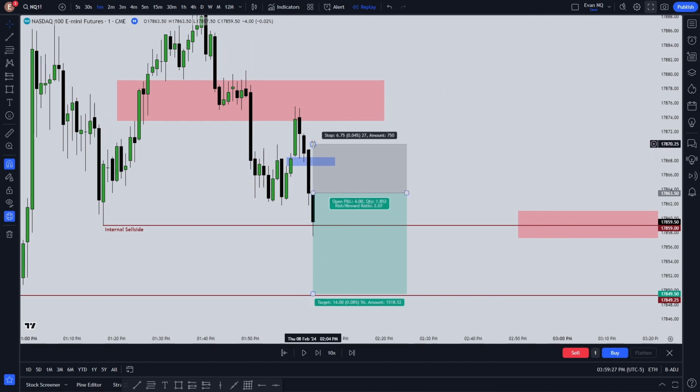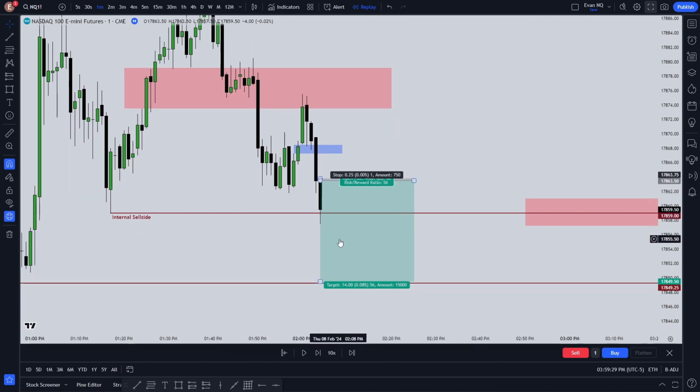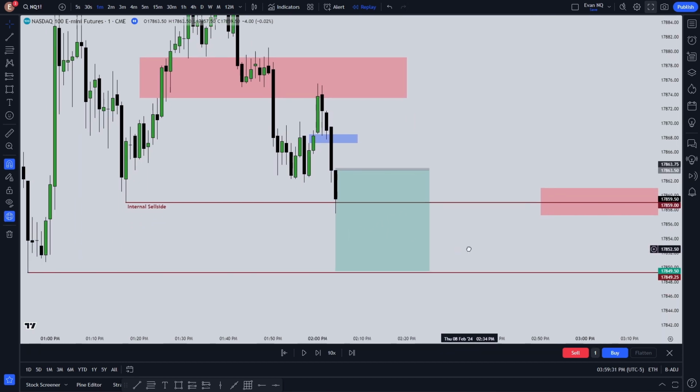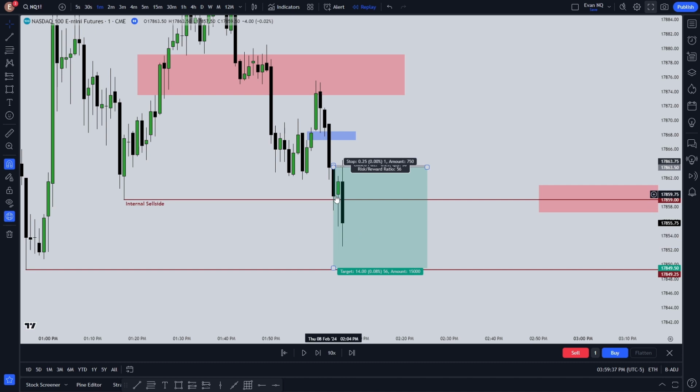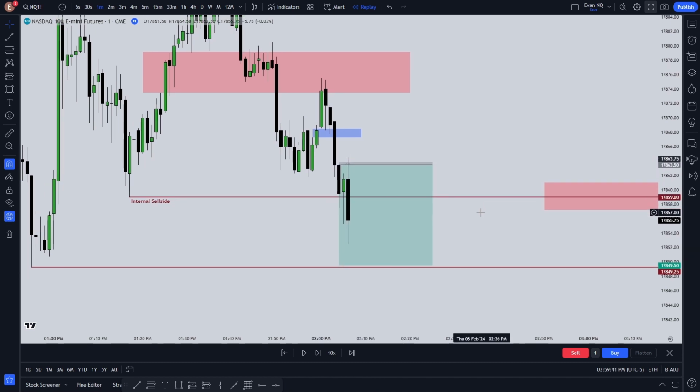As soon as that happens, you put your stop loss to break even. So it's an automatic dub after that, no matter what. And then, see right there, you would have got stopped out at break even, which is fine. It's still a W.